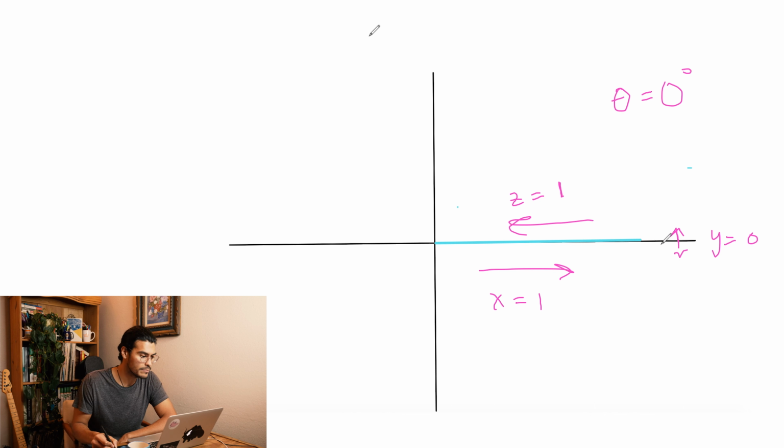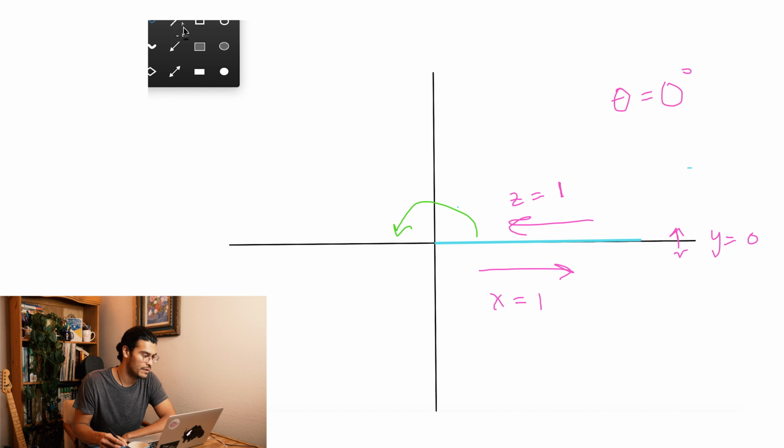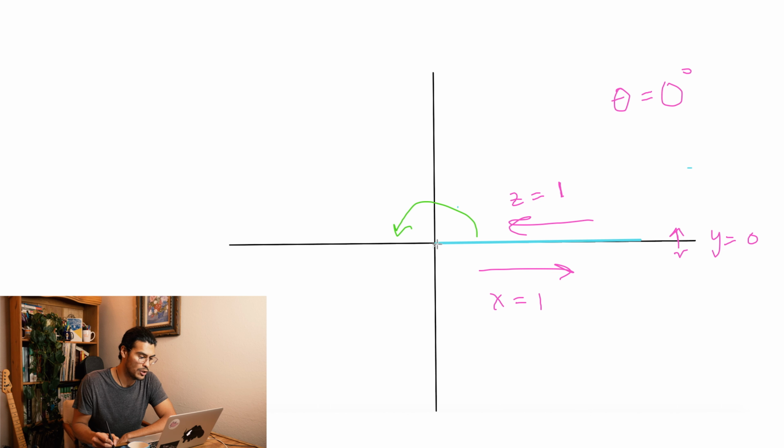Okay? If we think about 180 degrees, we have a triangle that also is collapsed on itself. The only difference is our x value is -1. Our y value is still 0, and our z, our hypotenuse, is still positive 1, because the hypotenuse is always positive, okay?